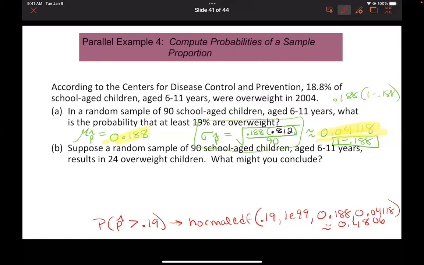Can you go back and look in your normal CDF, make sure you put them in there right? Did you round differently on the standard deviation? Let me see. 0.04118. Oh, yep, I did. That's what I did wrong. One tiny little thing can mess everything up, can't it?